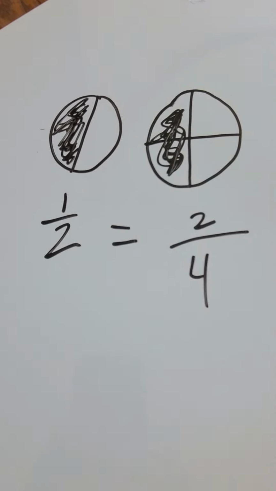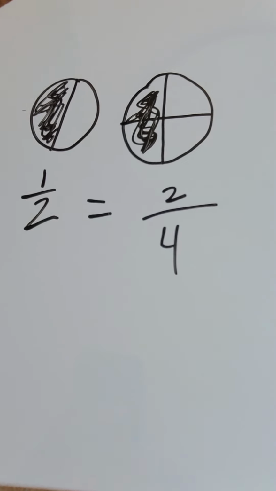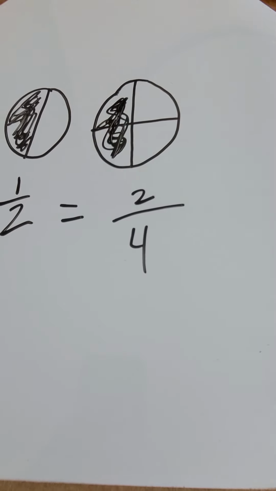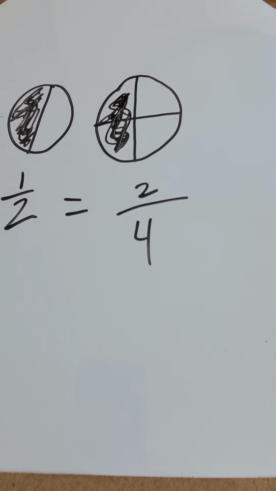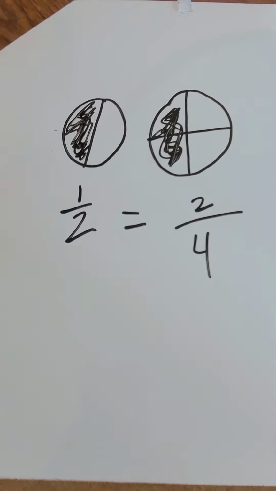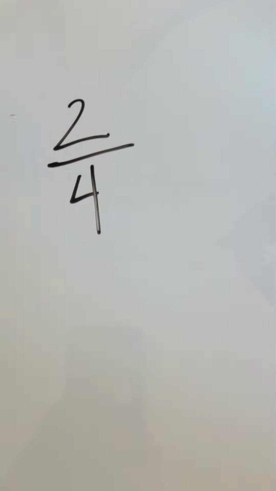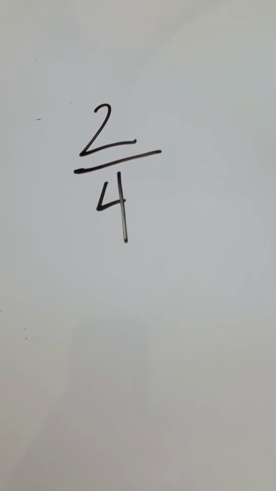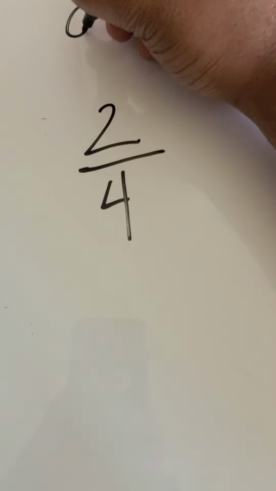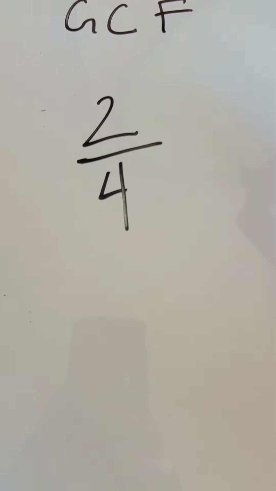Okay, now let's go to another example on how 1/2 and 2/4 are equal. So let's start with 2/4. Now we want to say to ourselves, what is the GCF?